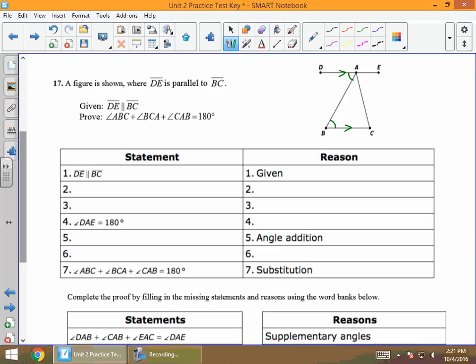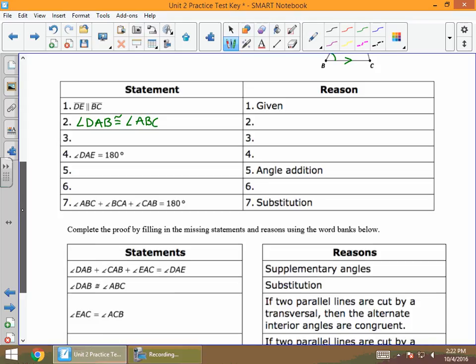So I'm going to write that. And in the proof, you will see one of the statements says that angle DAB is congruent to angle ABC. And the reason is this big long reason down here.